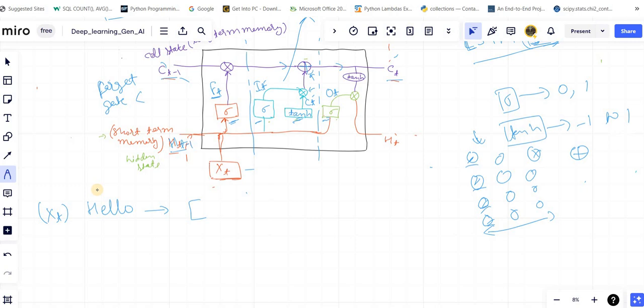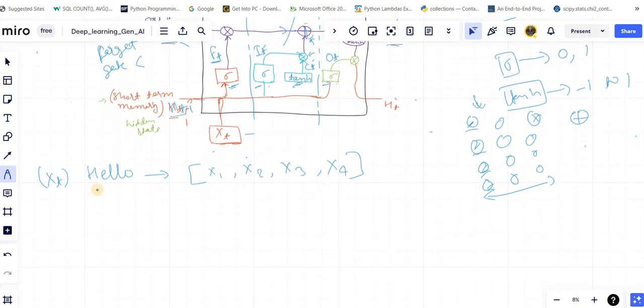The dimension of this word XT is 4, so let's suppose x1, x2, x3 and x4. Now this one will get input here and there is an ht minus 1 which is coming from here. So both will get concatenated.